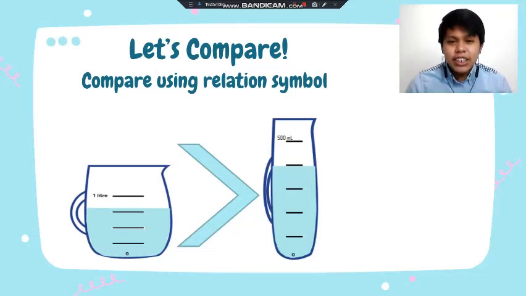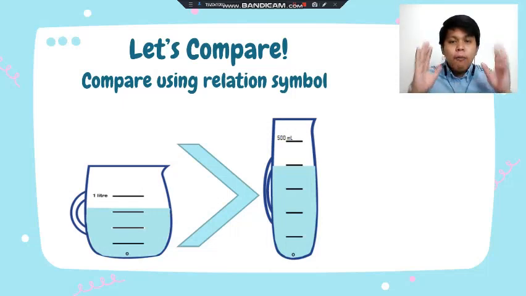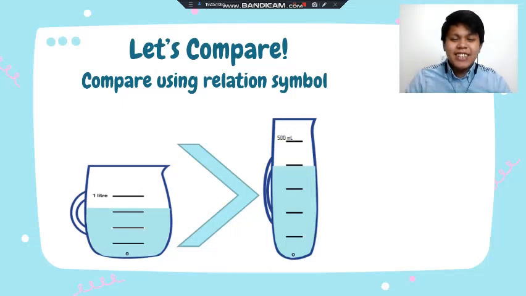For the cylinder, it can only reach up to 500 milliliters, while in the small beaker, it is 1 liter. So it can contain up to 1 liter, while the cylinder can only fill up to 500. Sometimes it's not just about the size, but it's also about how big the container is. So the correct answer here is greater than.